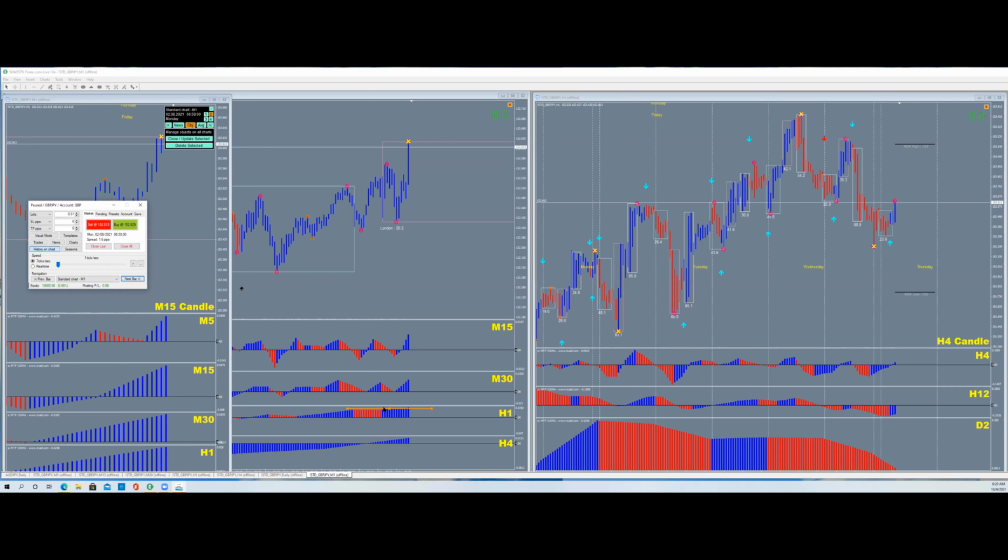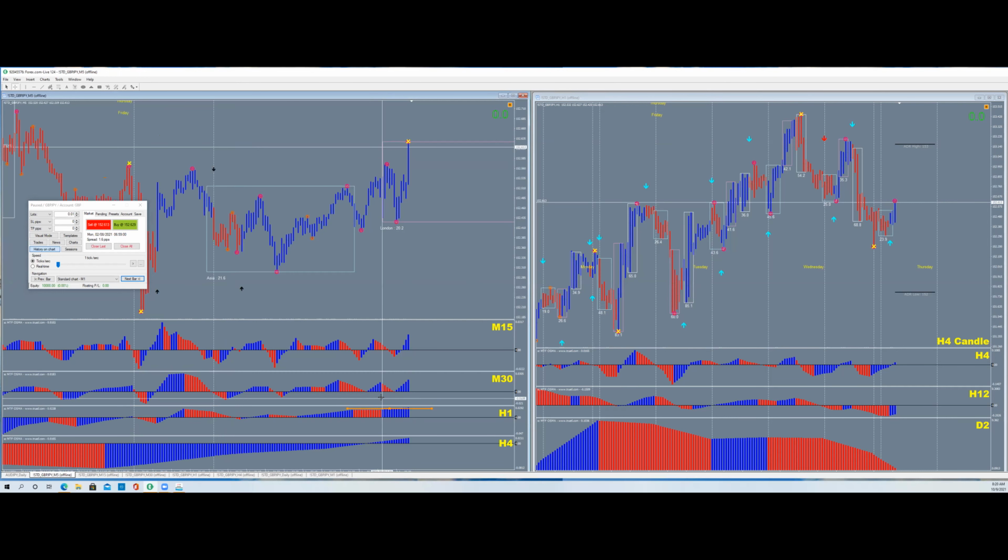Correct. So this is where the confusion comes in. If we're looking at the back testing, right, we're saying that it changed right here. That's where the actual momentum changed, but we didn't see it change until well into it, right?